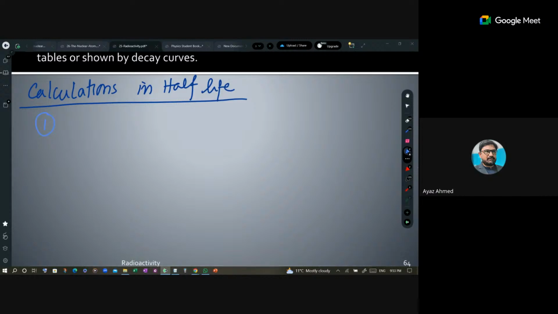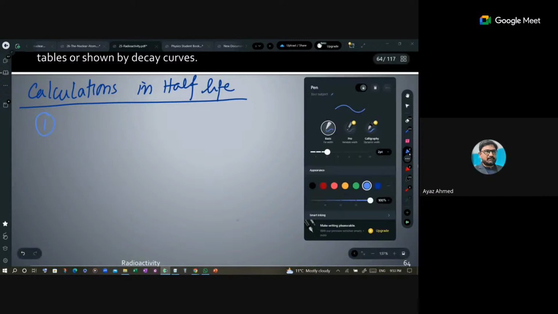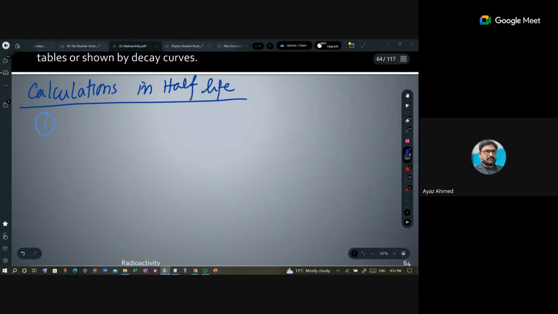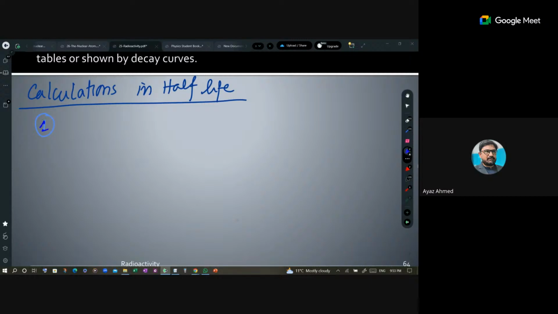For example, let's say I have 160 nuclei, or undecayed nuclei.